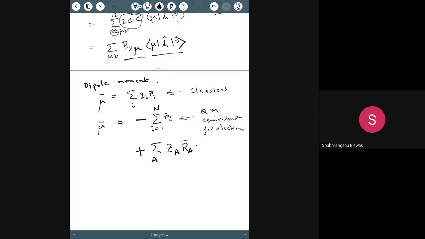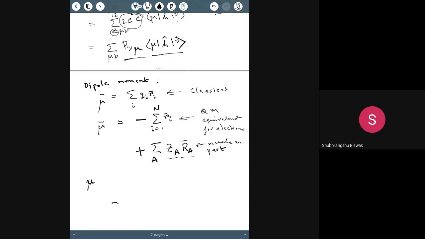Now, since we are using the Born-Oppenheimer approximation, the RAs are fixed vectors, ZAs are fixed. So this is simply a number. You don't need any integration to evaluate this part.